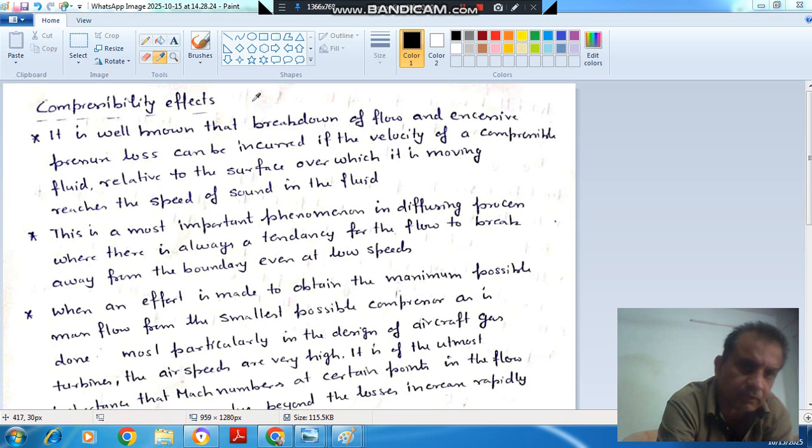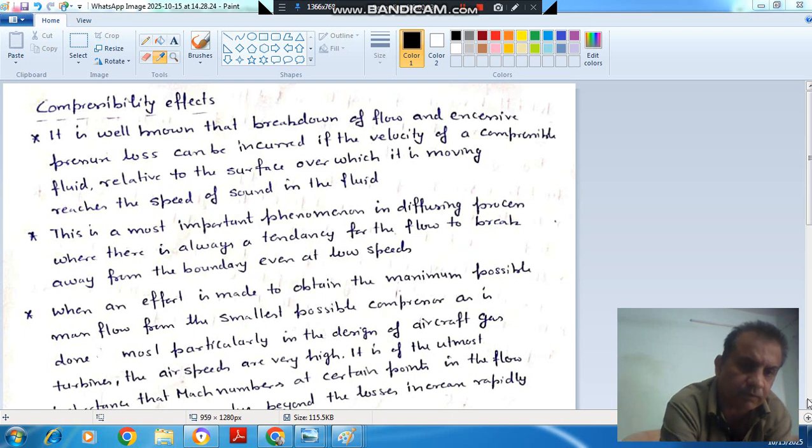The next topic, the main topic of the centrifugal compressor, is the compressibility effect. The compressibility effect comes into the picture when there is a Mach number, or relative Mach number, which is more than 1, because then there is a possibility of shock, and after the shock there is a sudden loss of stagnation pressure.